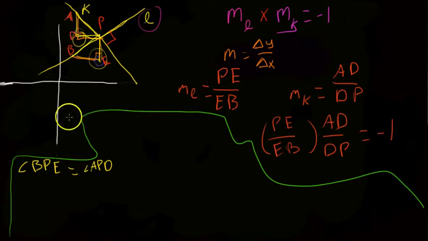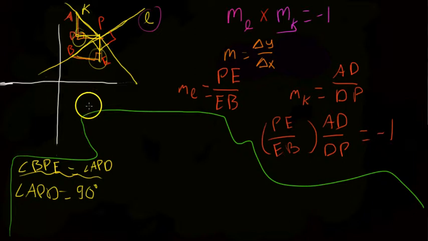How I'm going to prove it is to say that angle APD is equal to 90 degrees, because we know this right here is a 90-degree angle, minus angle DPB.